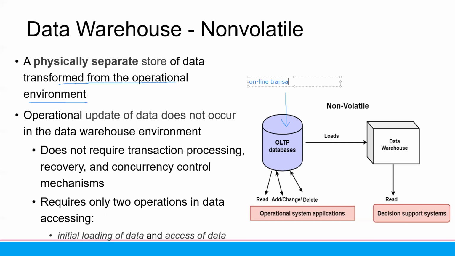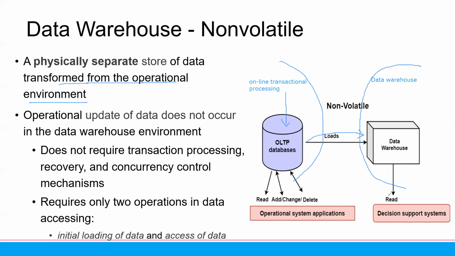Online transactional processing. So every operational data will go to the OLTP, and in order to do the analysis, we need to use a kind of data warehouse. So we need to separate this. So we need to load the OLTP database into the data warehouse database.